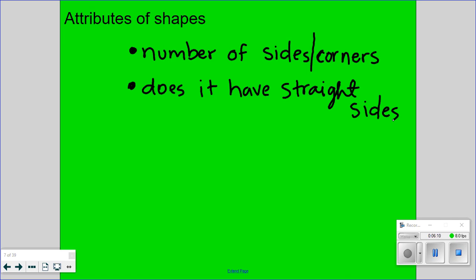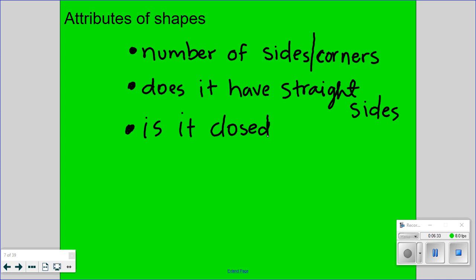There's one more attribute that we looked at. Has to be a closed shape. Is it closed? We looked at that idea on Monday.